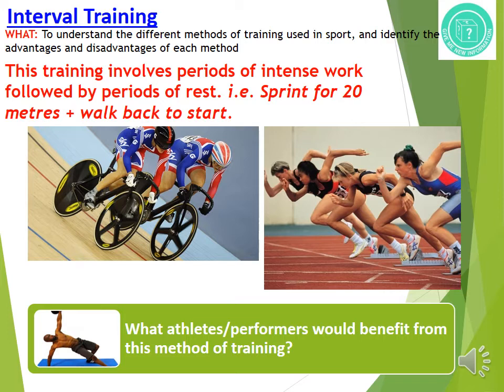In fact, it's rarely standing still. So it could be anything. If you were swimming, it might be 100 meters as fast as you can, and then 25 meters slow and steady, and then another 100 meters, and it might go from there. Some of you who are runners might have come across this a lot, and we'll go on to what this is really good for on the next slide.